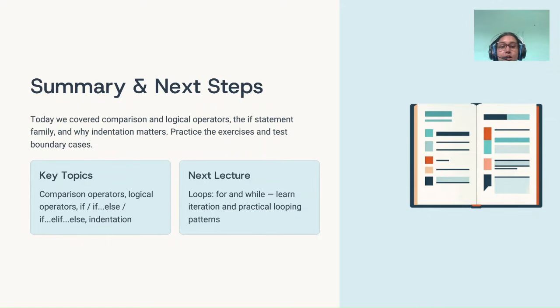We also learned about indentation, which is one of the most important syntax rules in Python. With these conditions, your programs can now make decisions instead of simply executing every line of code that we give it, right?